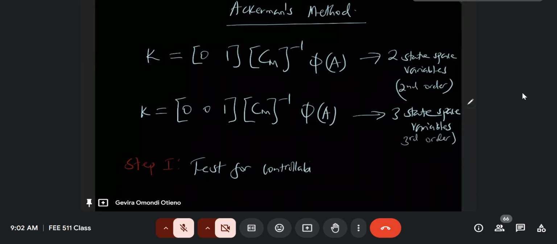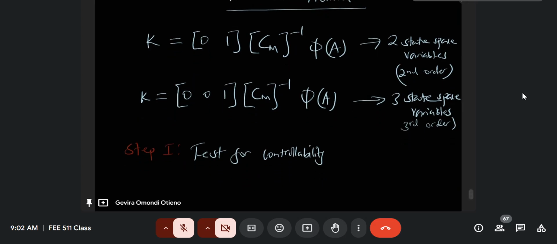If you don't test for controllability, you will not know whether the system needs that feedback controller design or not, because the feedback controller design works only if the system is controllable. But because we have done the test for controllability in the previous example, I won't repeat it here. If you are asked to do it using Ackermann's method, you'll need to test for controllability. So let me just indicate here, done in previous example.